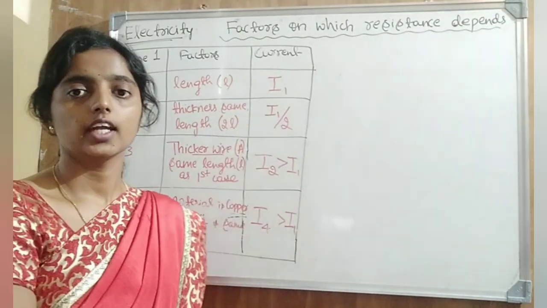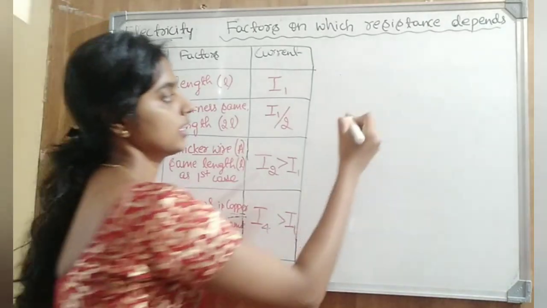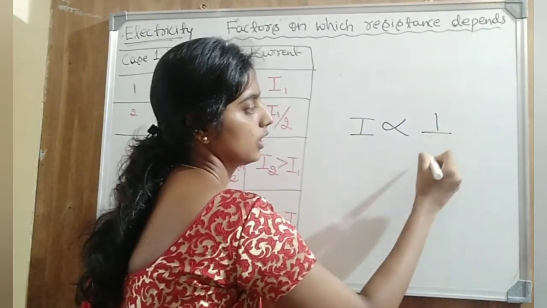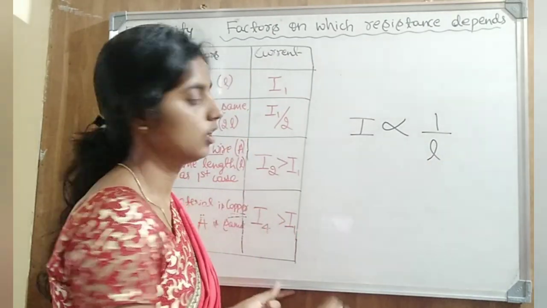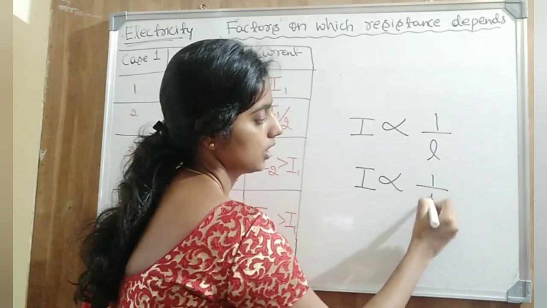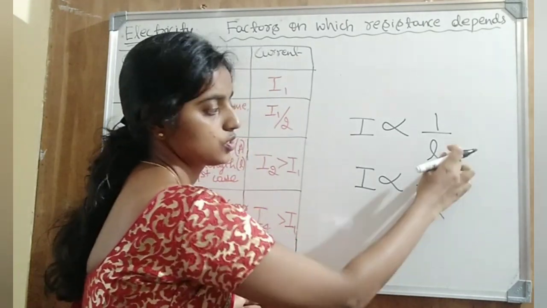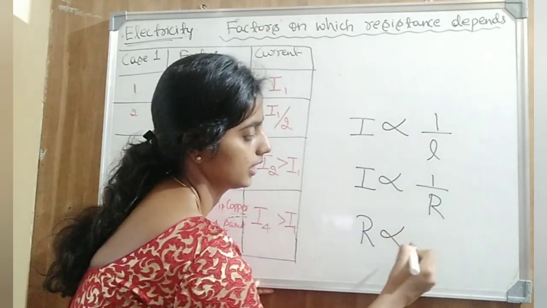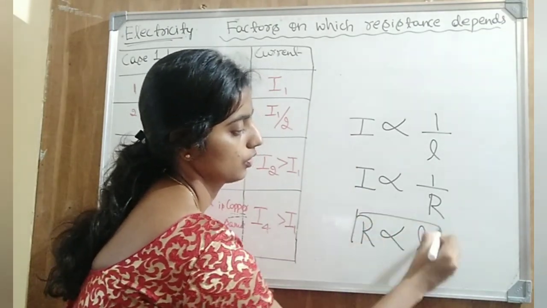From the first and second cases, we can write I is inversely proportional to length, and from Ohm's law we know that I is inversely proportional to R. By looking at these two statements, we can write R is directly proportional to length.